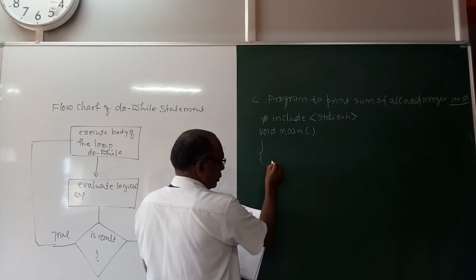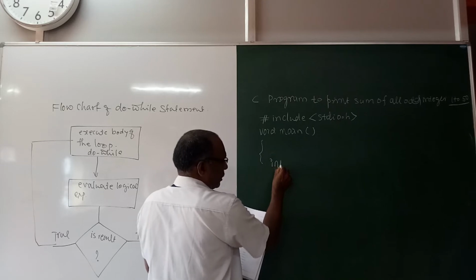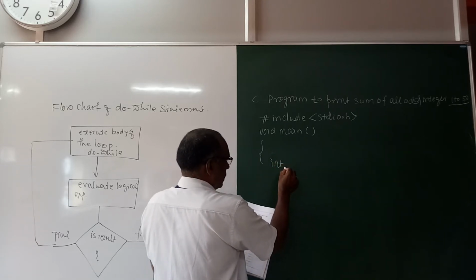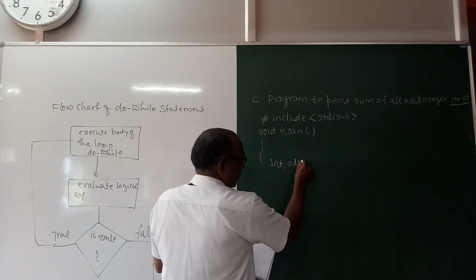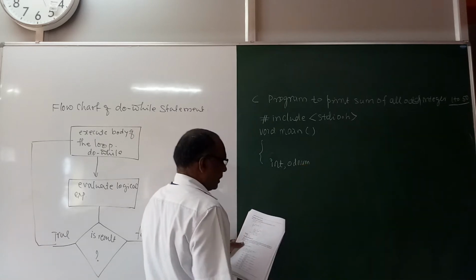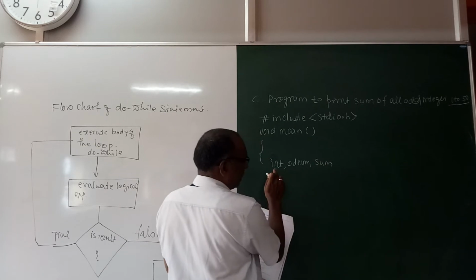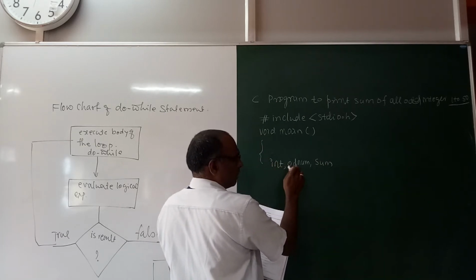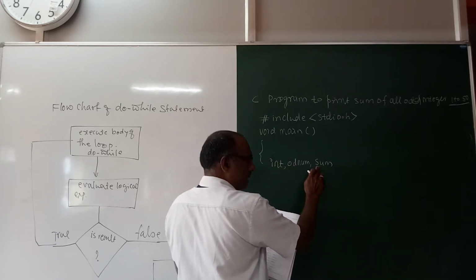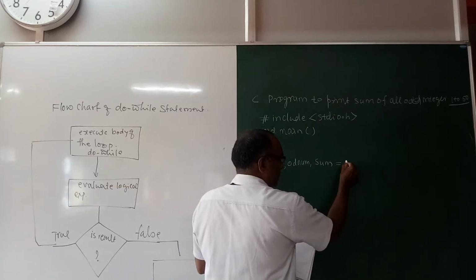Integer, it should be written outside this. Integer, say odd number, I'll write this way, and sum. These are all integer variables, odd number is integer, and then sum, they are initialized initially.